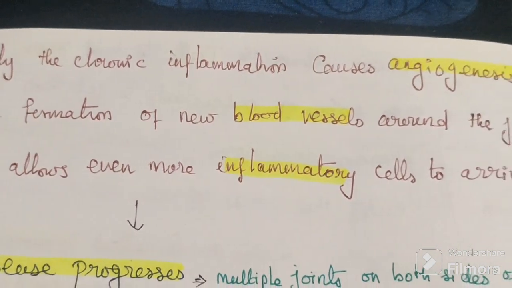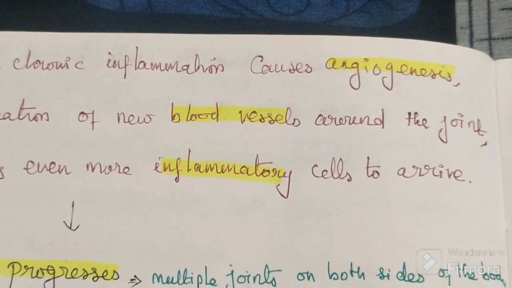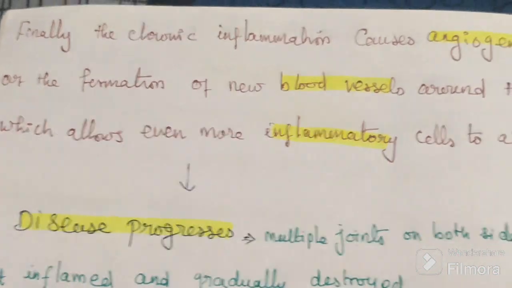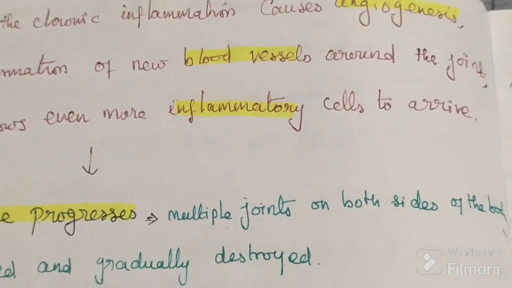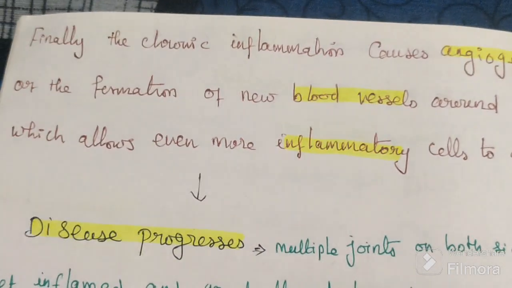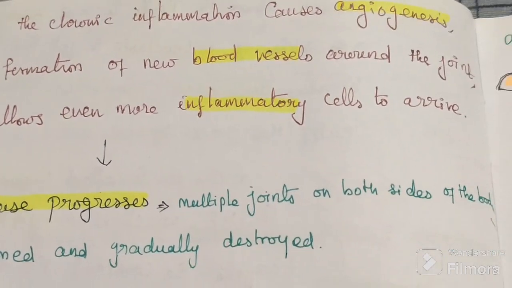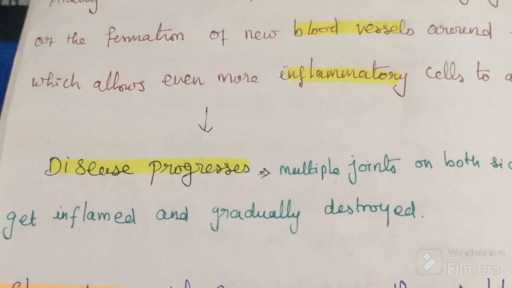Finally, the chronic inflammation causes angiogenesis, or the formation of new blood vessels around the joints, which allows even more inflammatory cells to arrive.